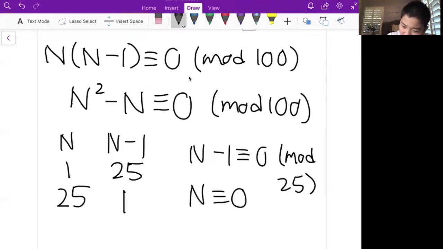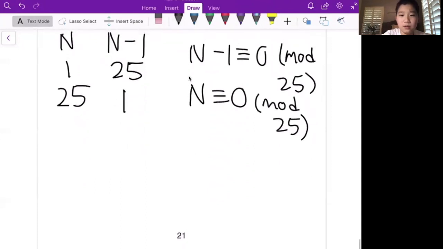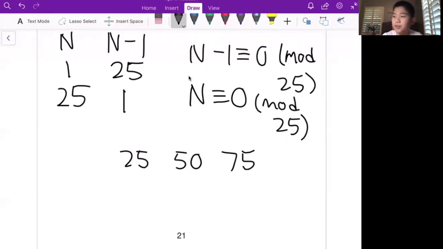N is equal to 0 mod 25. So there are only a few values that can work. It's either 25, 50, or 75.